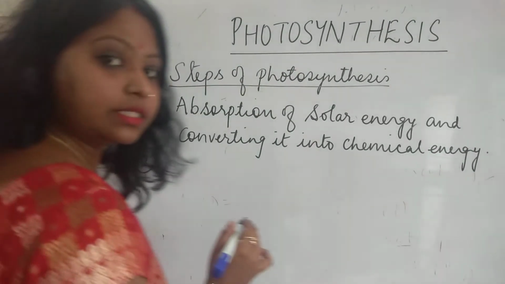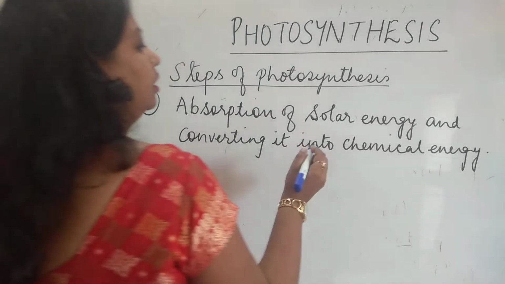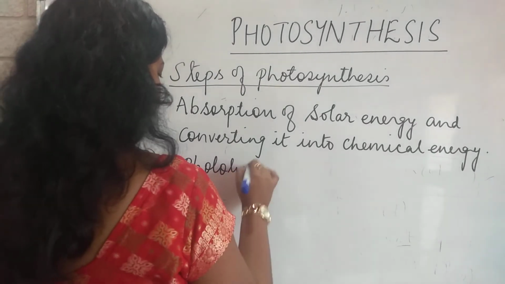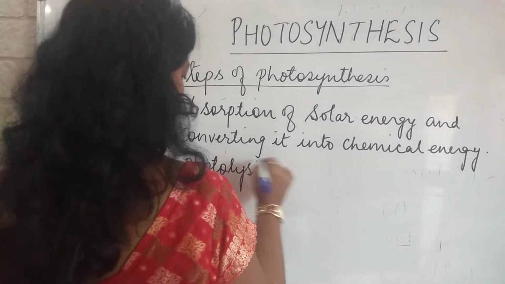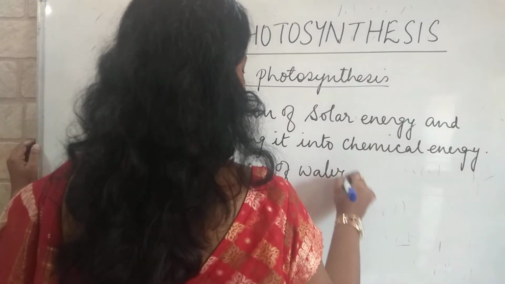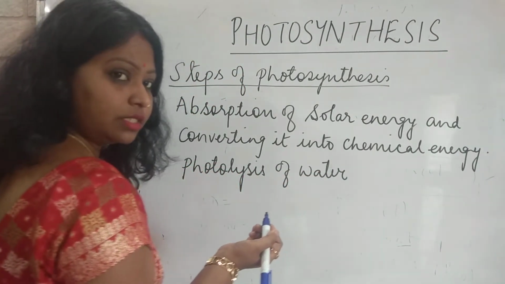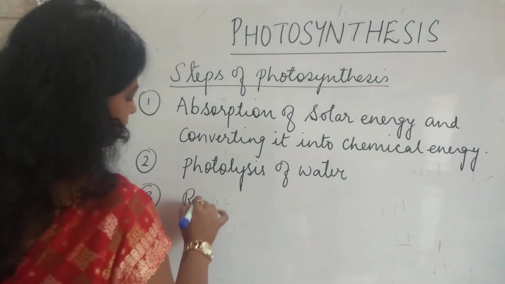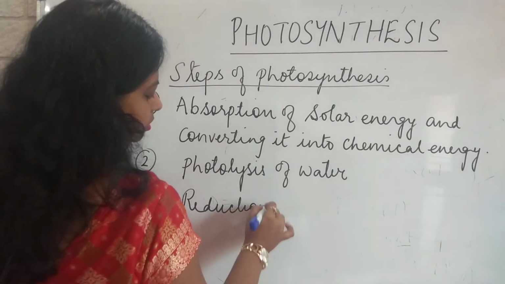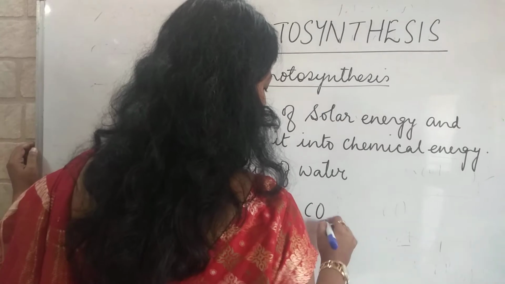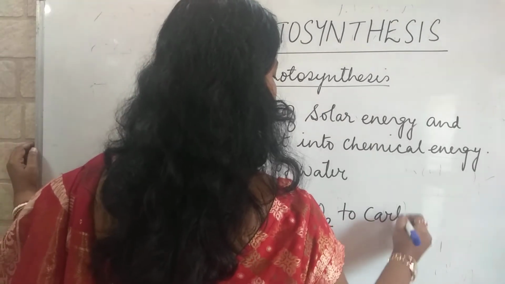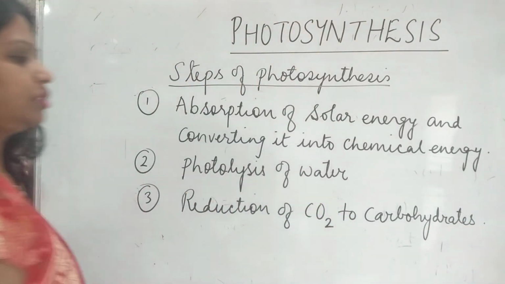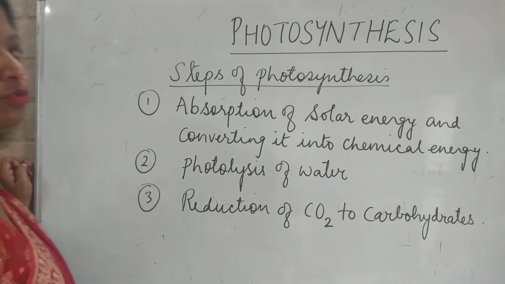Second step is photolysis of water, which will produce electrons and the chain of electrons will start. And the third step is reduction of carbon dioxide to carbohydrates. So these are the three important steps which we are going to see.